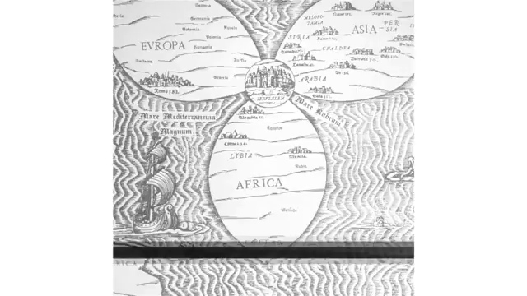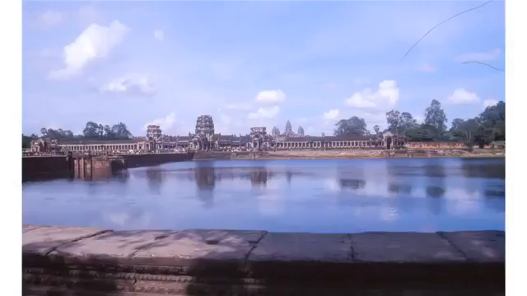The notion that the water is the replication of the ocean and the vertical building, the depiction of a mountain. Mircea Eliade often talks about mountains and cities as being similar in this kind of ecocosmic model. Next.